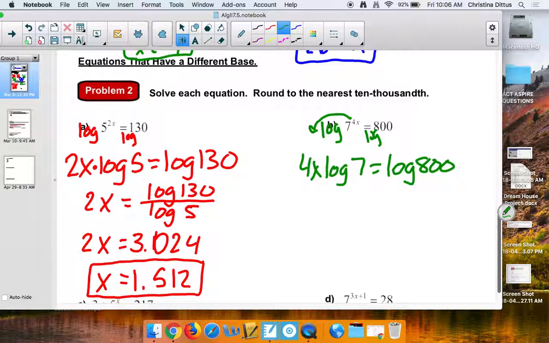Questions on that step? Okay, now what do I do? Divide the logs. So I'm going to divide by log of 7. And what do I get? 3.435.